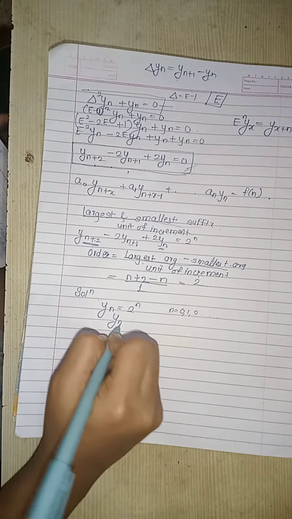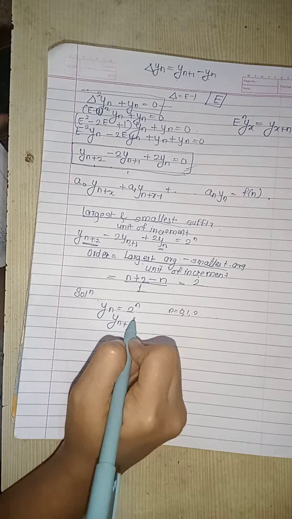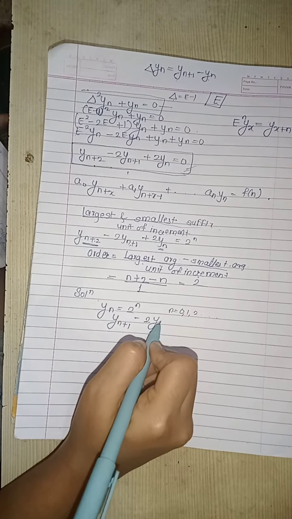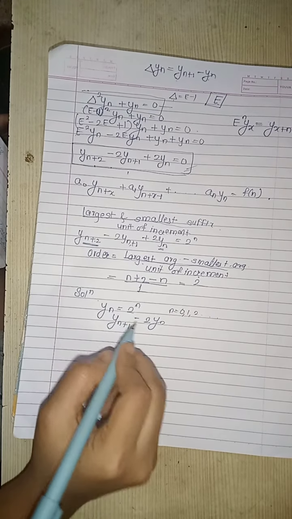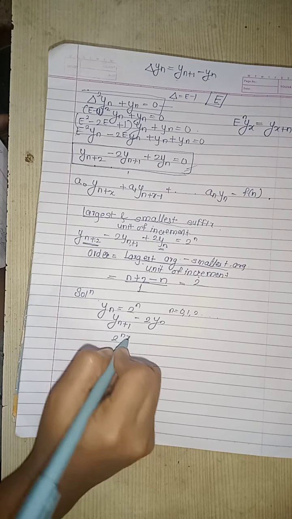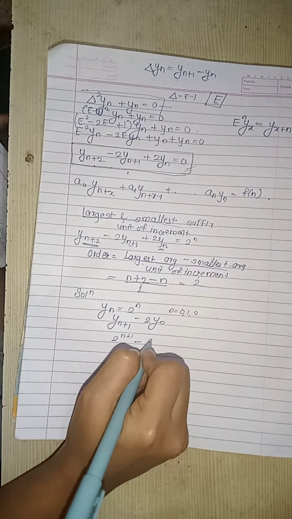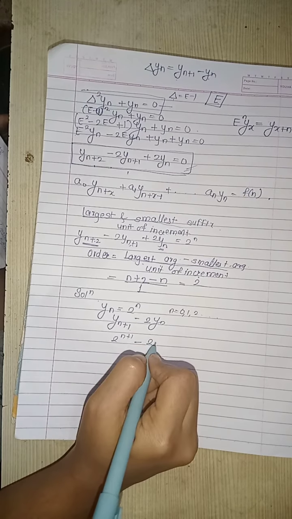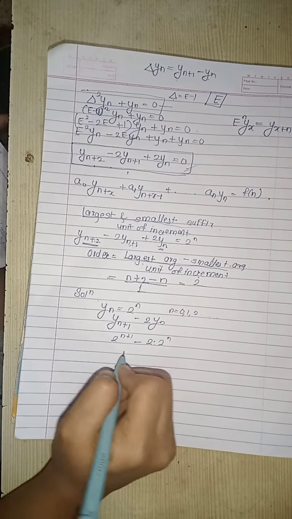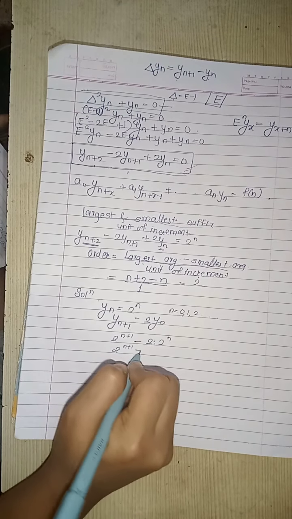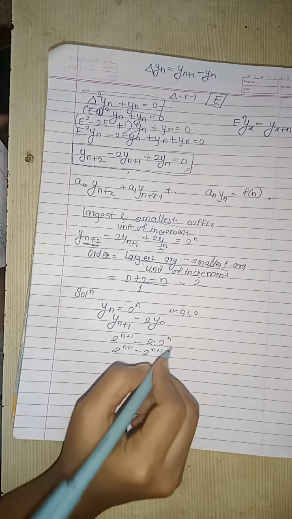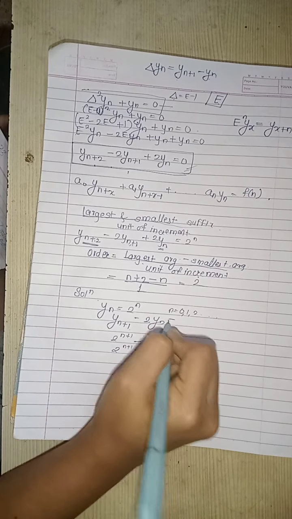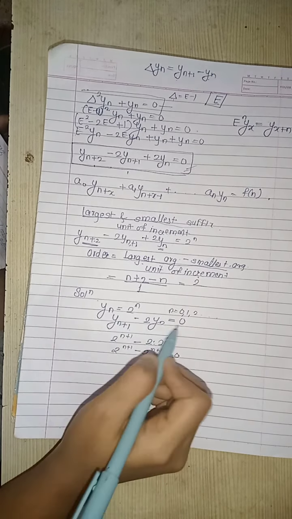If you consider yn plus 1 minus 2yn, then yn plus 1 is nothing but 2 raised to n plus 1, minus 2 into yn, which is 2 raised to n. So this gives you 2 raised to n plus 1 minus 2 raised to n plus 1, which is equal to 0. So this satisfies the difference equation.